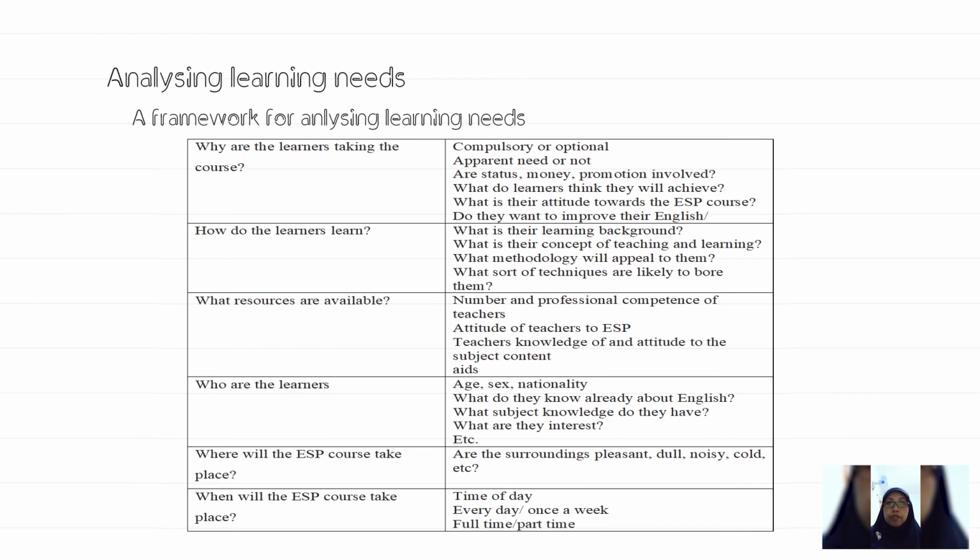It is every day or once a week or full time or part time. So they are all about the needs analysis in ESP. So the three points we have discussed can be made as the needs analysis in ESP.